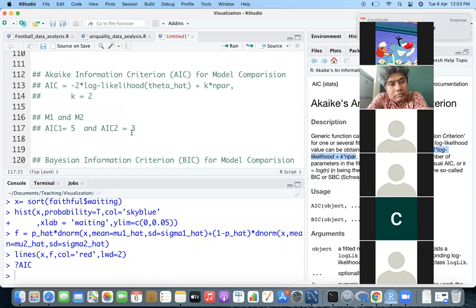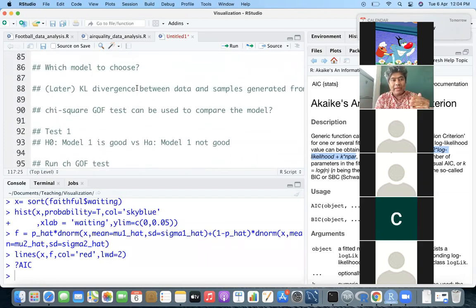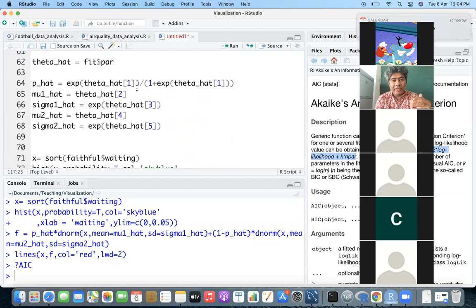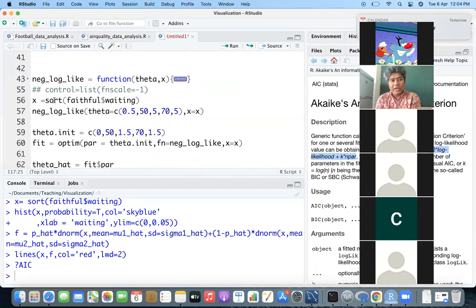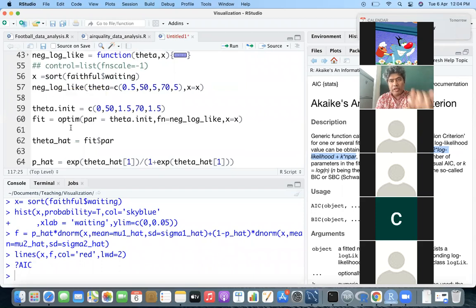One, maybe because it's giving more information. Are you sure? Actually, the lesser, because we have taken the negative. We are taking negative log likelihood, remember that. When we are estimating the maximum likelihood, we take the negative log likelihood and pass it through optim to minimize it.